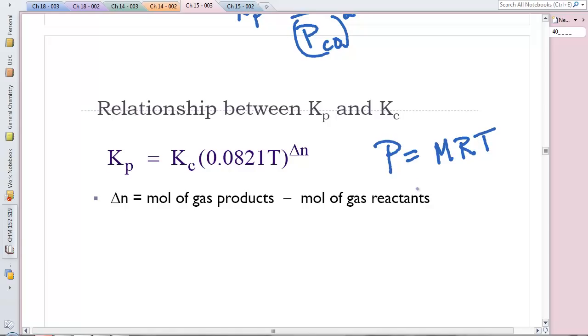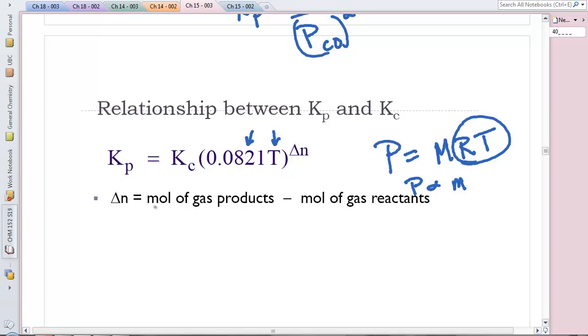You can see there's this RT factor in there, which you now see here. R is 0.0821, and there's our temperature. So there is a simple relation where if we have the Kc value, we can actually get the Kp value for that reaction, and vice versa.